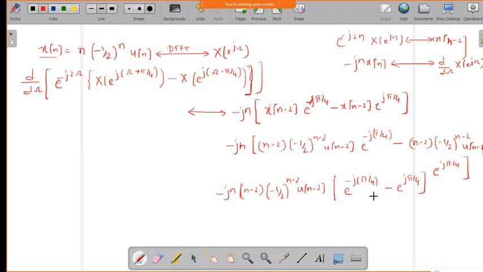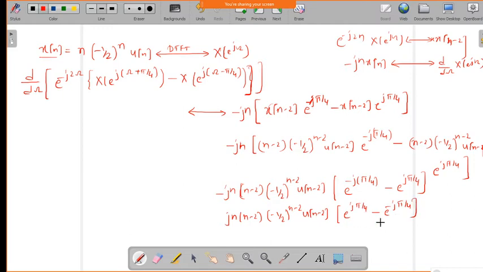Now take minus common and multiply, you will get plus jn into n minus 2 into minus half power n minus 2 into u of n minus 2, and e power plus j pi by 4 minus e power minus j pi by 4.